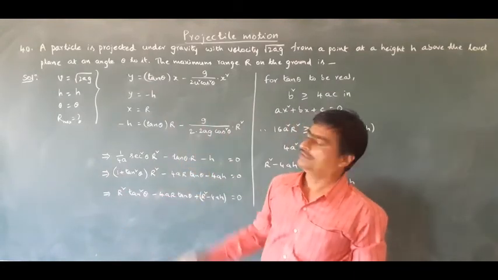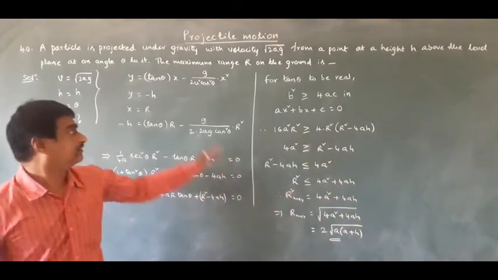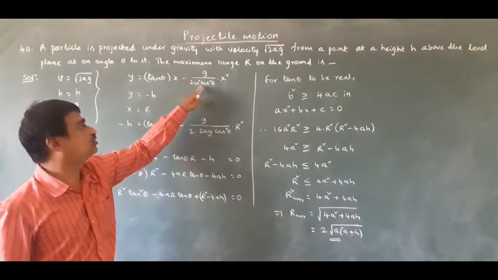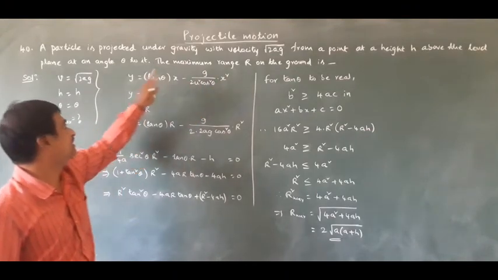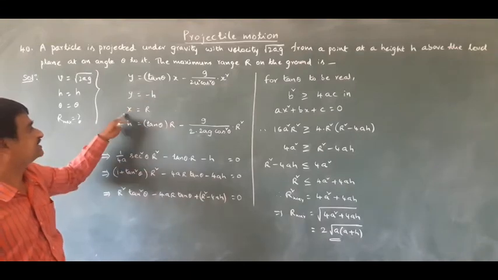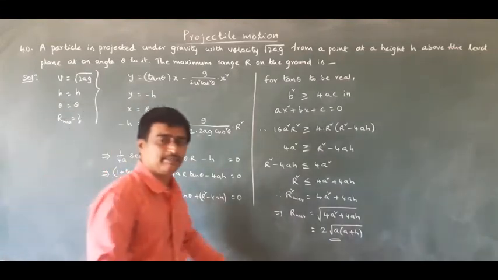We know this equation for the projectile: y is equal to tan theta into x minus g by 2u square cos square theta into x square. Here, as it is hitting the ground, y is equal to minus h, and we take x as the range. Later we will apply the maximum condition.